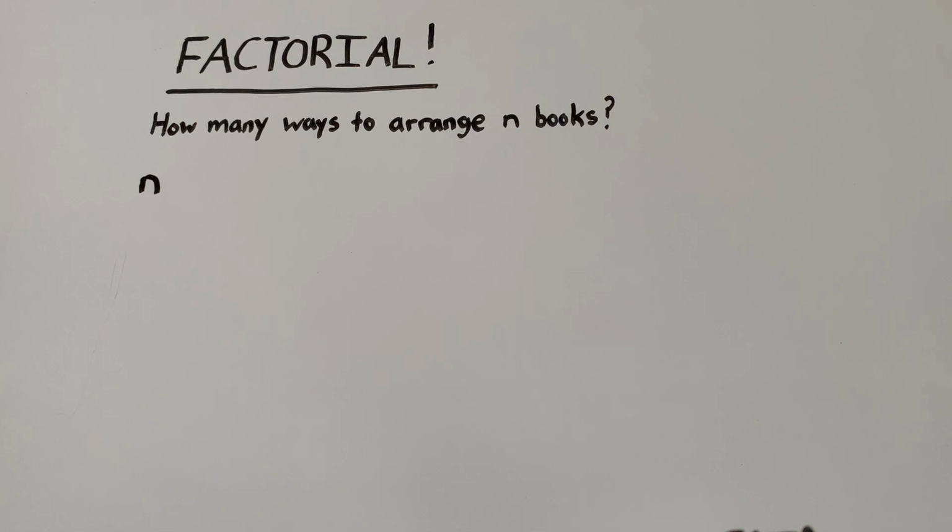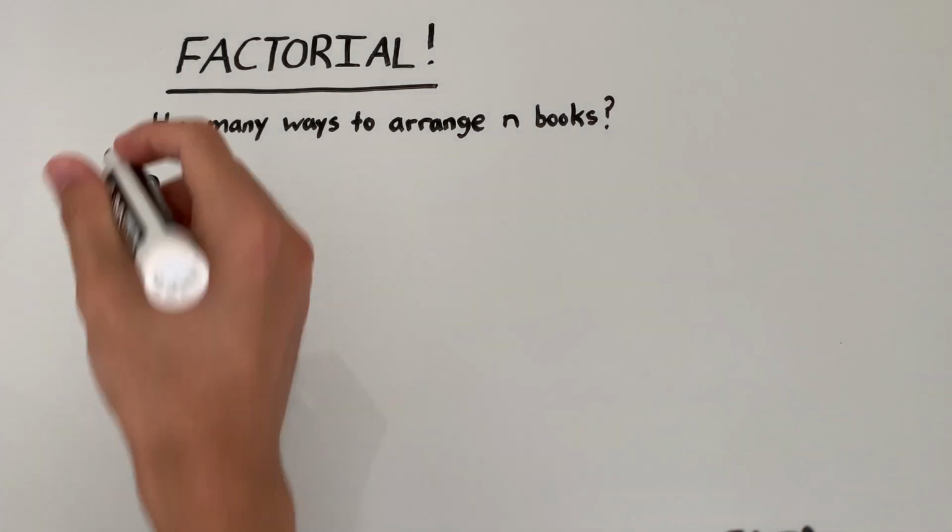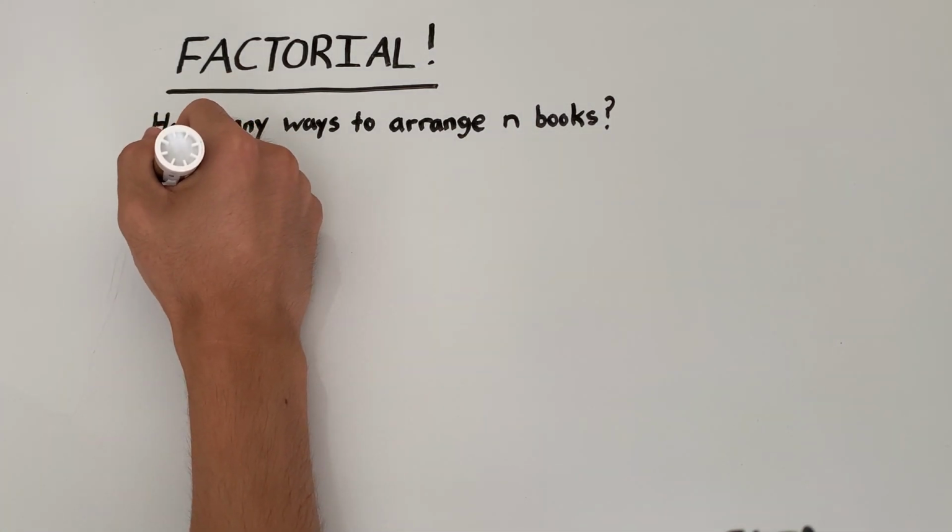Once we place this first book, that means that we have n minus 1 books left to arrange. So we have n minus 1 choices for the second book on the shelf.